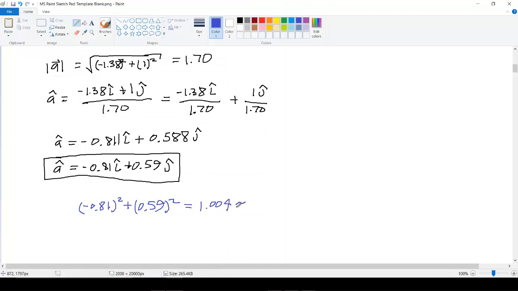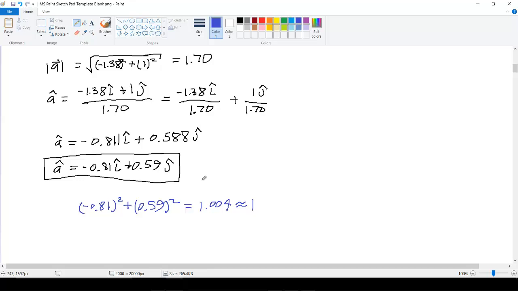And that's approximately 1, right? It's not exactly 1 because we rounded off our answers along the way, but it's very close. So there you go. That's how you can figure out your 1 unit long perpendicular vector.